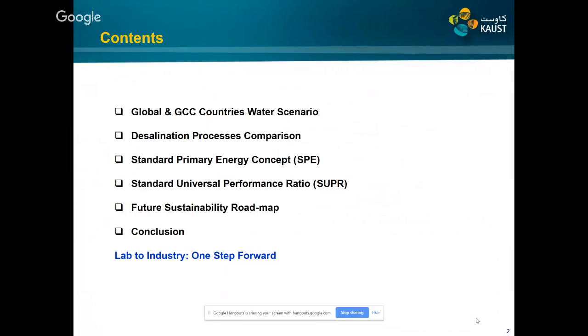And then the standard universal performance ratio that we introduced for the first time to compare all the desalination processes on a common platform. And then I will also show the future sustainability roadmap, that is, what technologies can be sustainable for future seawater production.